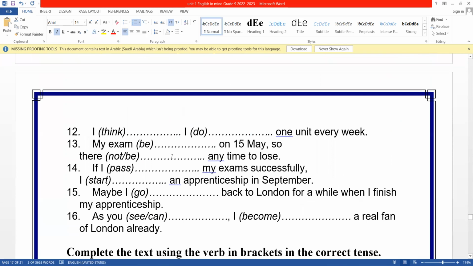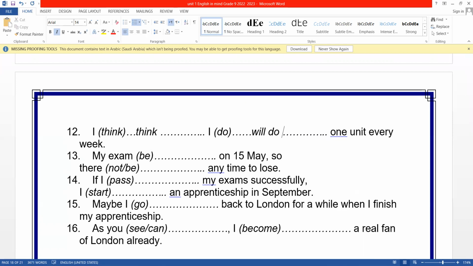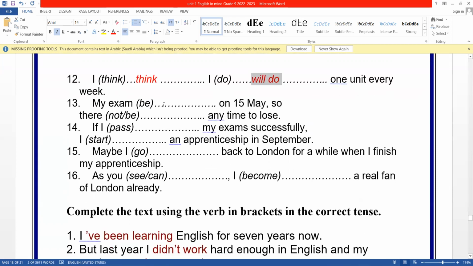Number 12, I think I will do. I will do one unit every day.